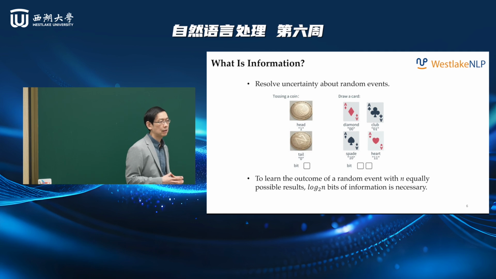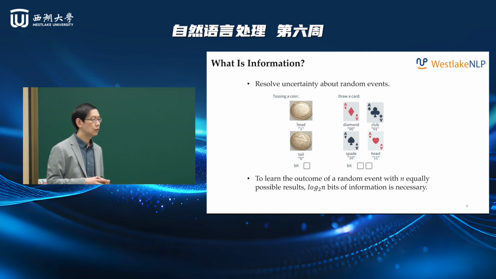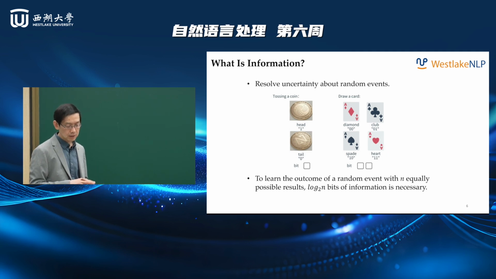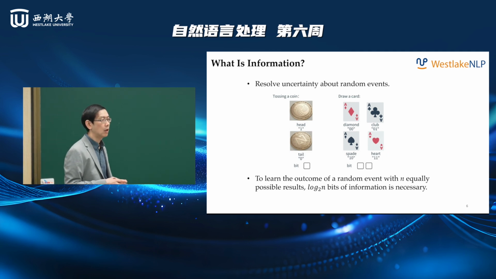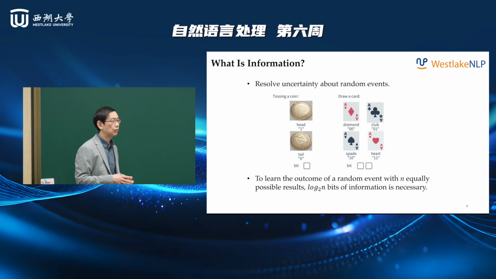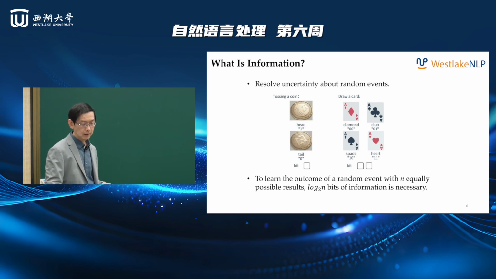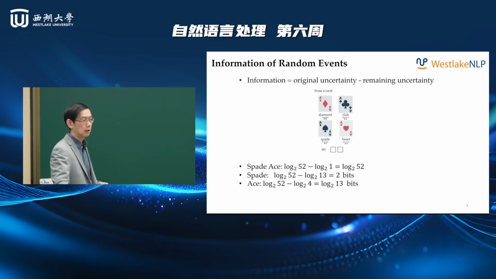So how many bits can you use to encode that? It's log2 4, right? You use 2 bits. For example, 00 for spade, 01 for heart, 10 for club, and 11 for diamond, all right? So this is like binary encoding, okay?